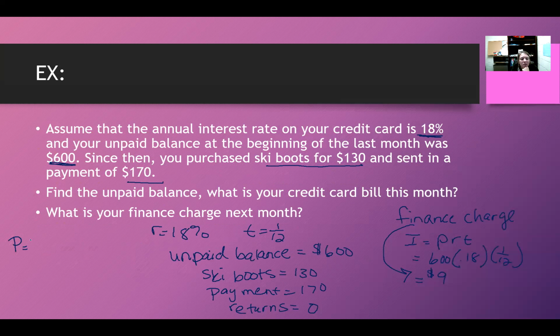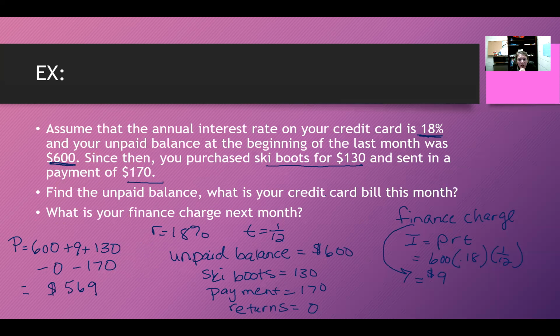So again, $600 is our previous month's balance plus the finance charge, which is $9, plus any purchases made, which is $130. And then we subtract your returns, which was $0 here, and a payment that we made, which is $170. When we say payments, that's what we sent in, $170, to try to get our balance better. And when we do that, we end up with $569. Okay, so that's our unpaid balance.